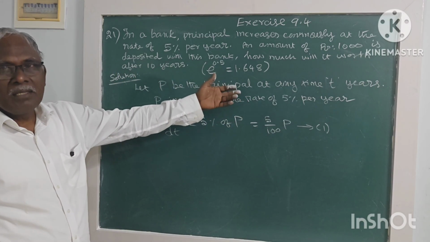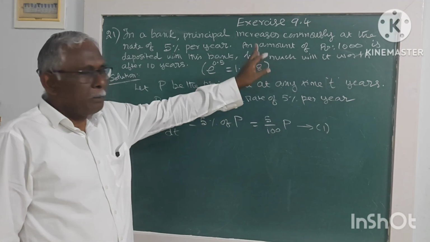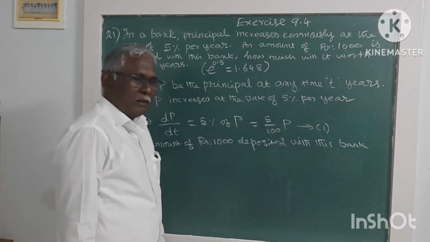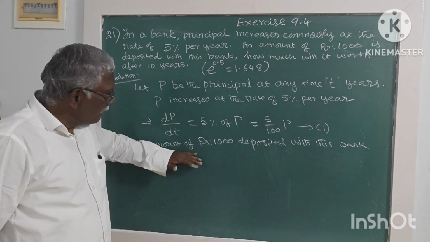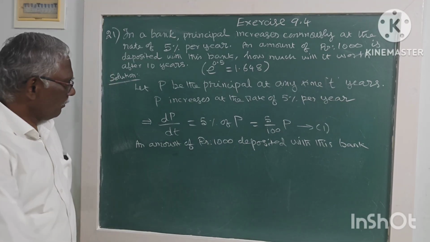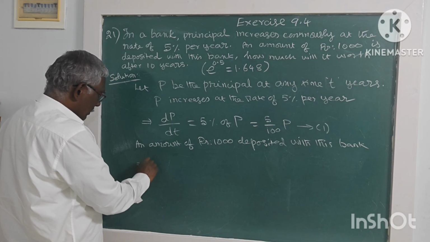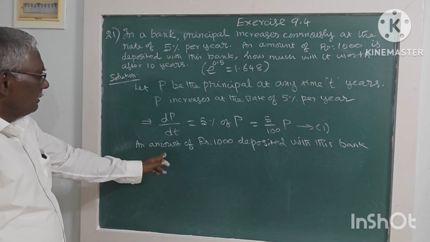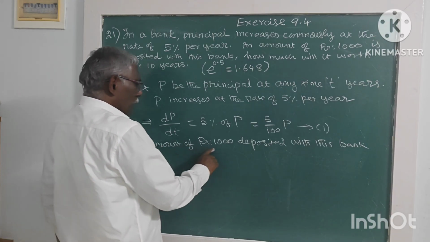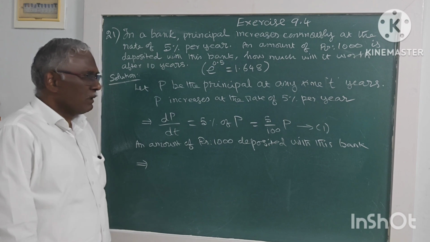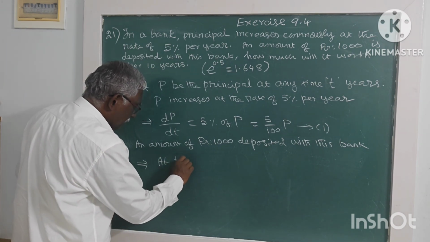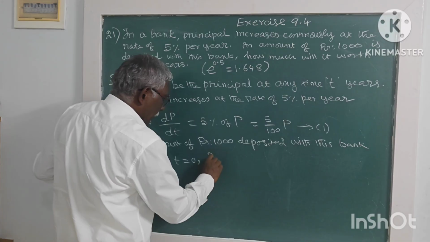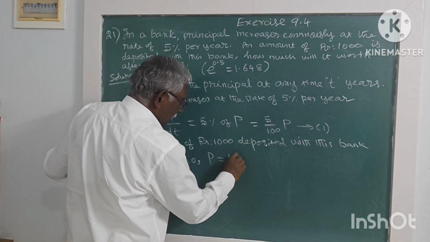That means at T is equal to 0, P is equal to 1000 rupees. So I am writing all these things, but while doing the problem, one need not write this statement. So that means amount of rupees 1000 deposited with this bank means at T is equal to 0, P is equal to 1000.